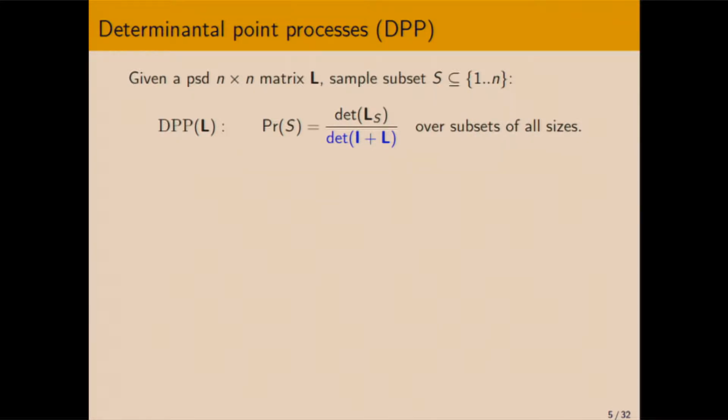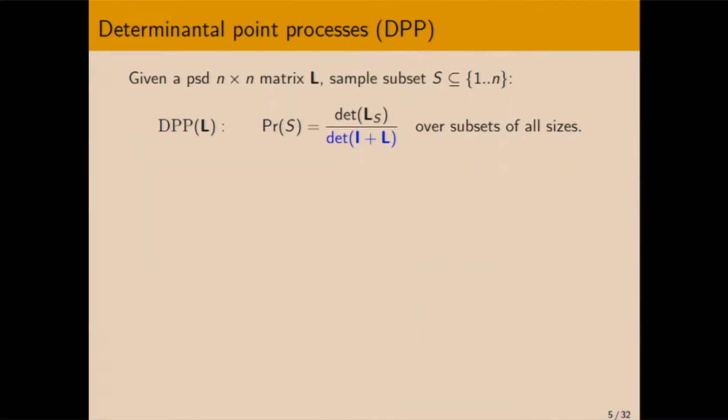The distribution is defined as follows: the probability of a subset is proportional to the determinant of the submatrix L_S, with both rows and columns indexed by S.